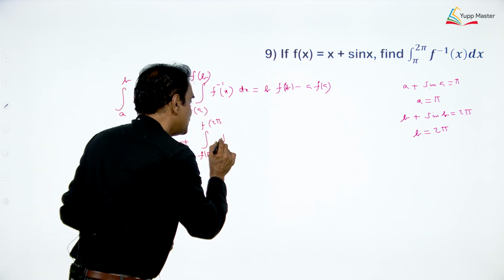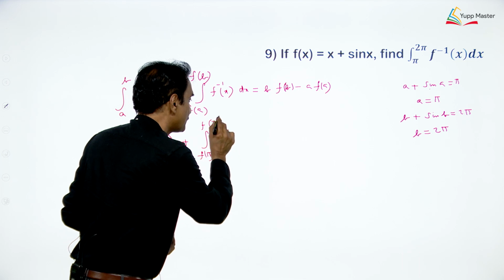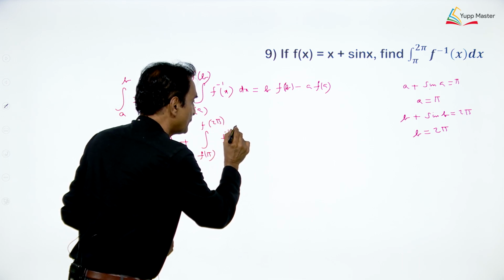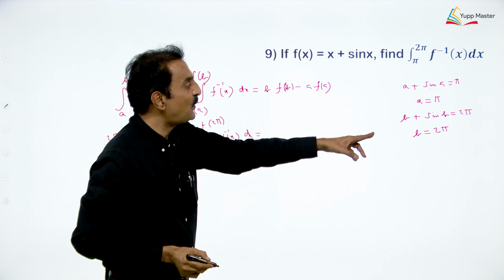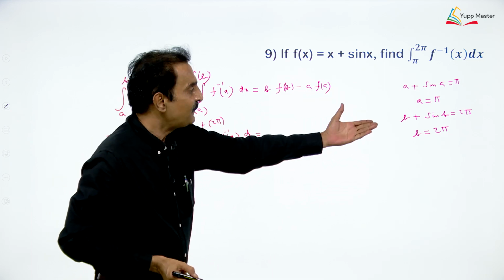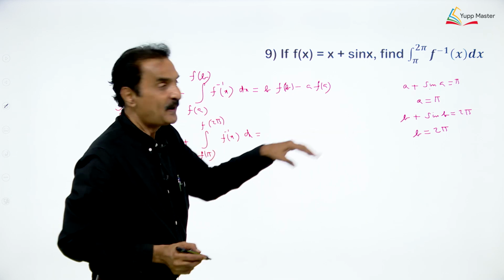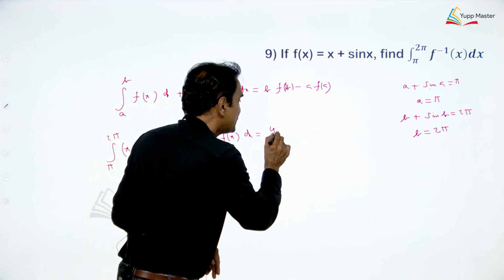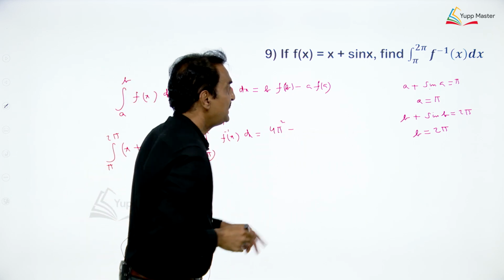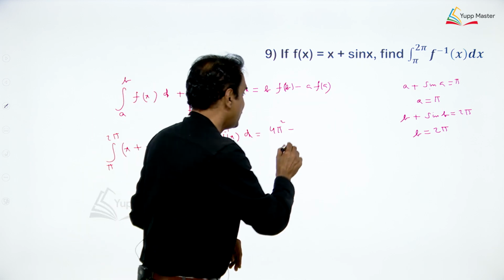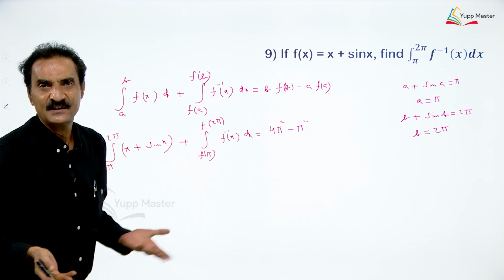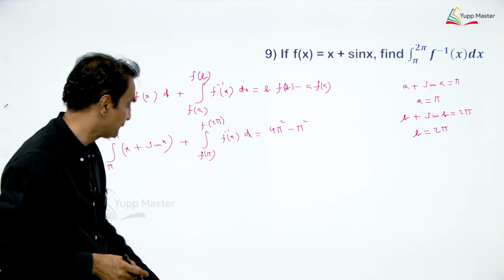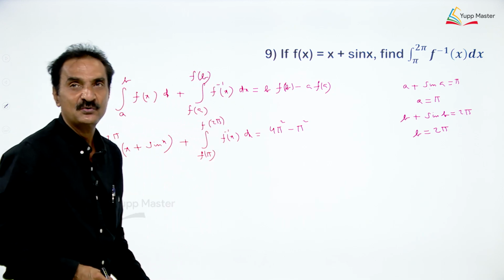So, f inverse x dx is equal to b f of b, means 2 pi into f of 2 pi, f of 2 pi is 2 pi. So, 2 pi into 2 pi, 4 pi square, minus pi into pi, pi square. So, rest of the calculation you can finish and check. Okay. So, I am moving to the next question.